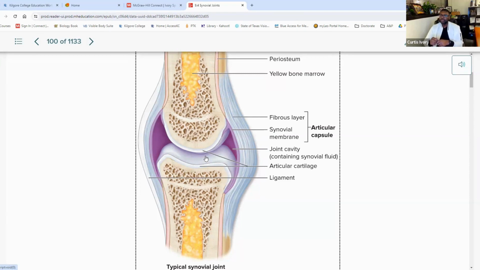It's going to help the articular cartilages, which you should remember from the bone chapter, that each long bone that articulates with another bone is going to have hyaline cartilage, which is nice and glassy. That's going to make it nice and smooth. The synovial fluid is going to nourish this cartilage here.